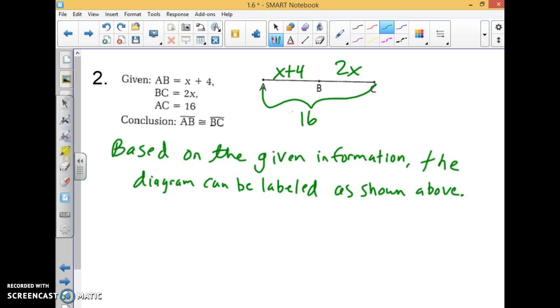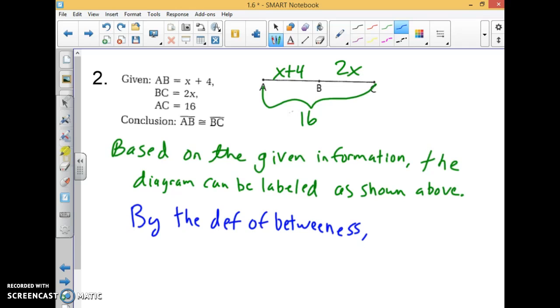Now we need to use a definition, so we need to make explicit what we are doing. We can say, by the definition of betweenness, and you can use abbreviations in these proofs. I know they get a little long. By the definition of betweenness, we can set up the following equations.